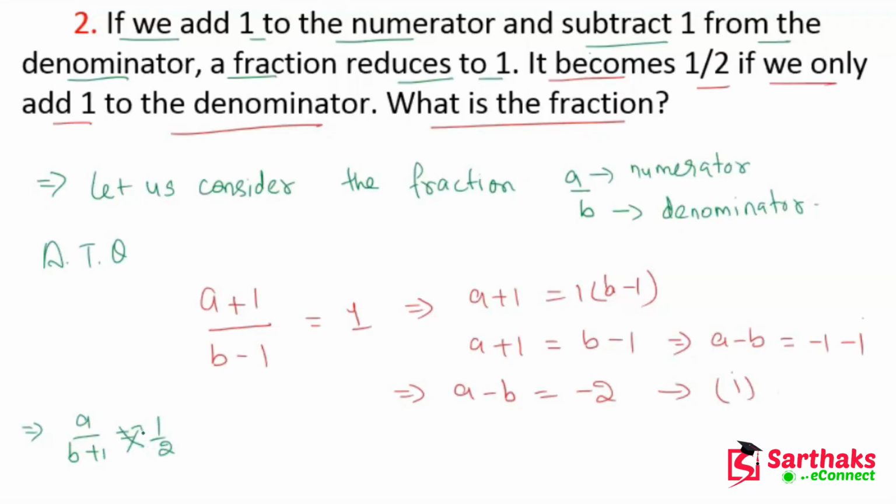After cross multiplying, we get twice of a is equals to b plus 1. So this will become 2a minus b is equals to 1. This is the second equation. So now we have two equations, equation 1 and equation 2.